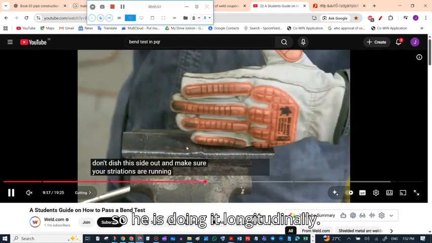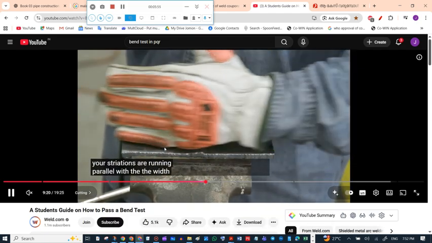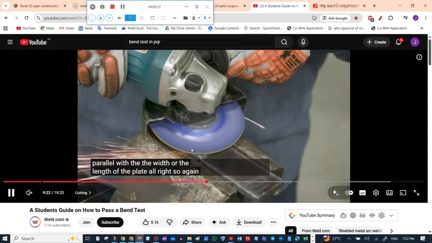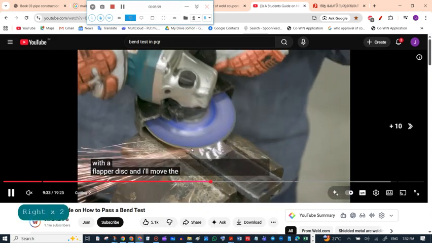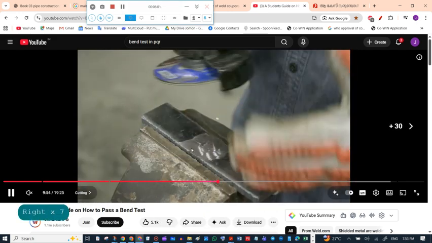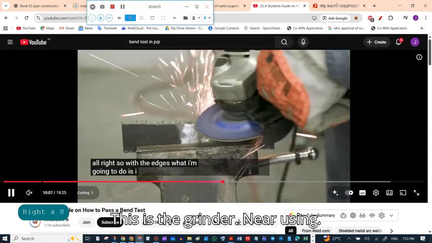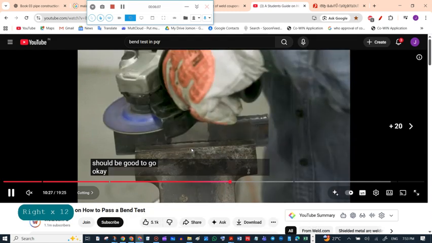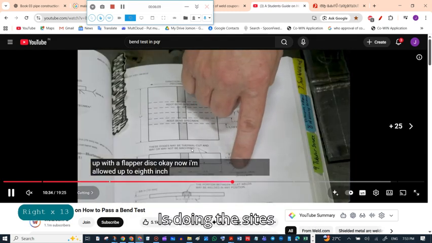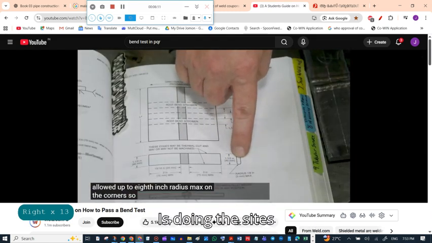So he is doing it longitudinally, not to affect the result. So this is a grinder they are using. He is doing the sides also.